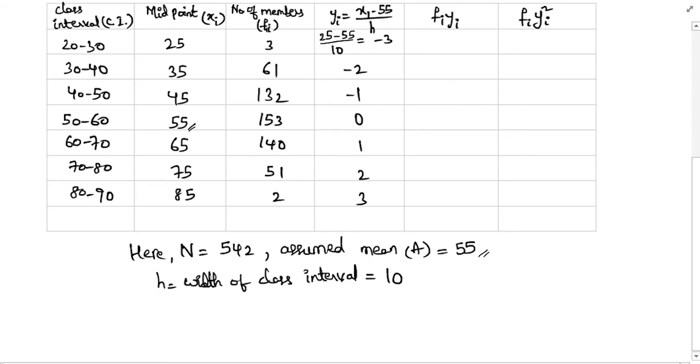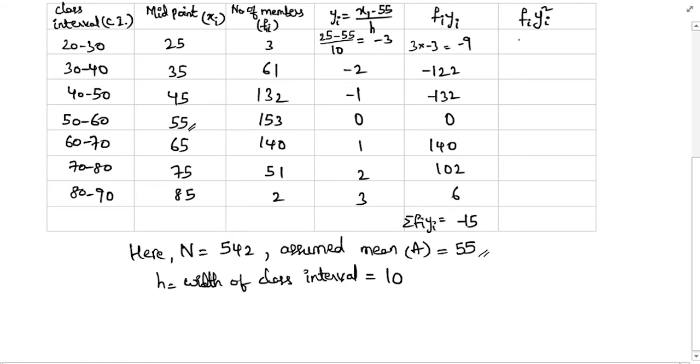Then fi into yi: 3 into minus 3 is equal to minus 9. Similarly for the others: minus 122, minus 132, 0, 140, 102, and 6. The summation of fi yi will be minus 15.